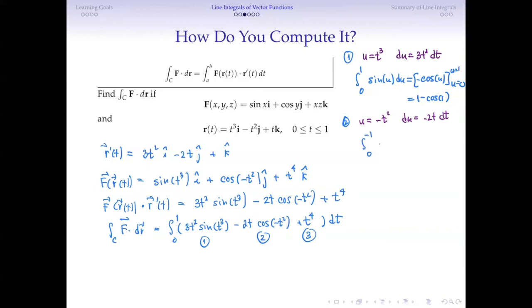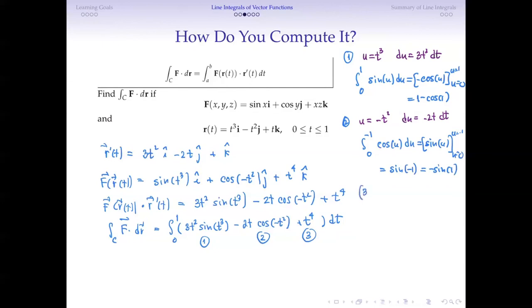What I'm integrating is the cosine of u du. That antiderivative is the sine of u from u equals 0 to u equals minus 1. And what that works out to be is the sine of minus 1 or minus the sine of 1, since the sine is an odd function.